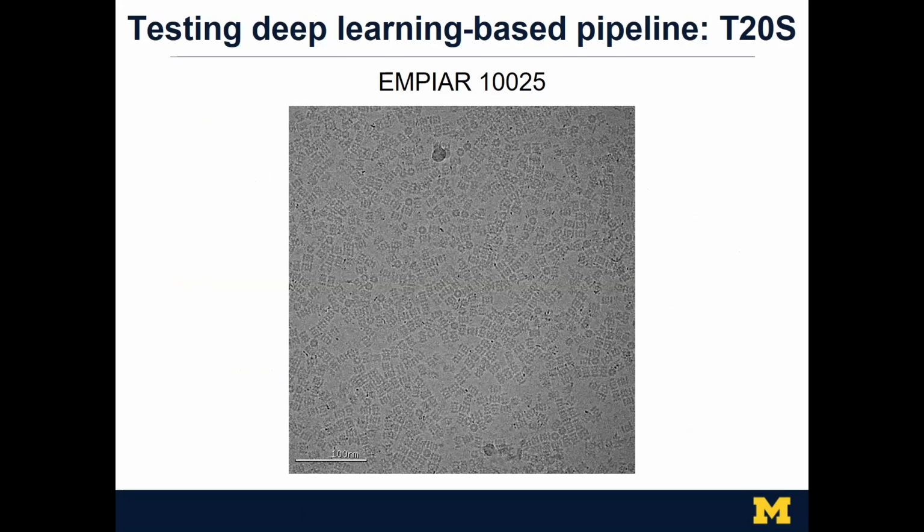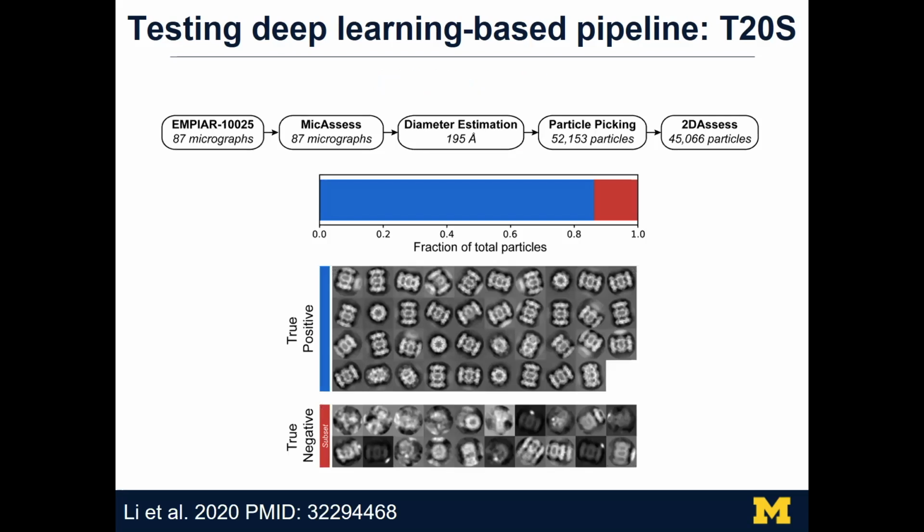We then benchmarked our automatic pipeline on 3 different data sets. The first one is a subset of the T20S proteasome data set from Empire. The subset has only 87 micrographs. It's a perfect data set, so all micrographs are good ones. Our pipeline successfully separated good and bad 2D class averages, and from all the picked particles, 2D Assess kept about 85% as good particles.